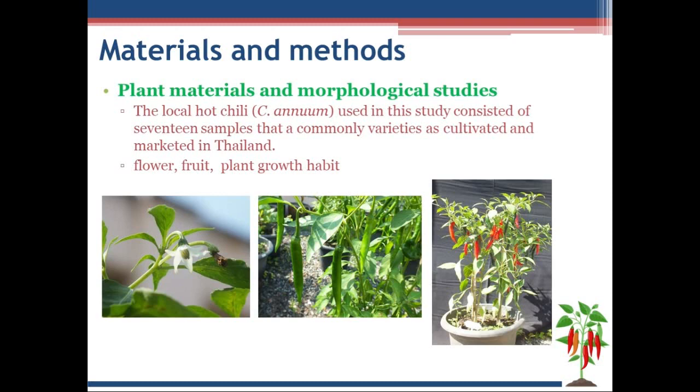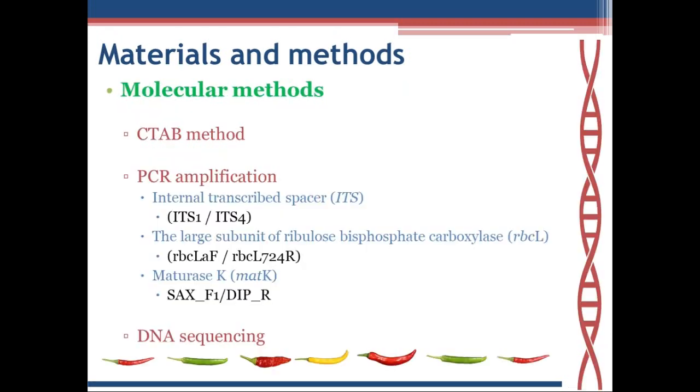The plant materials were collected from various localities in Thailand and cultivated in a greenhouse to investigate morphological characters such as flower, fruit, and plant growth habit. For the molecular study, total genomic DNA was extracted by the CTAB method, and PCR amplification used primer pairs for the ITS, rbcL, and matK regions, followed by DNA sequencing.